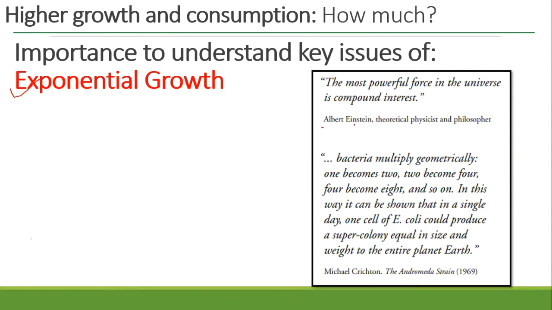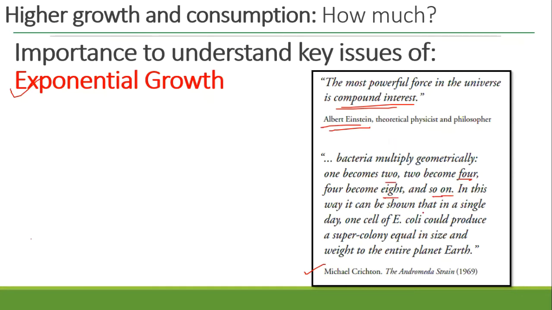First is by Albert Einstein. Everyone knows about him, right? Albert Einstein says that the most powerful force in the universe is compound interest. Okay, so he says that compound interest is the most powerful force. Second quote, this is by Michael Christian, and he says that bacteria multiply geometrically. 1 becomes 2, 2 becomes 4, 4 becomes 8, and so on.